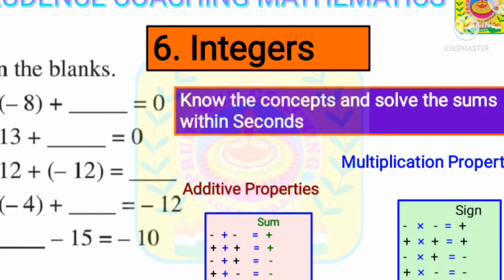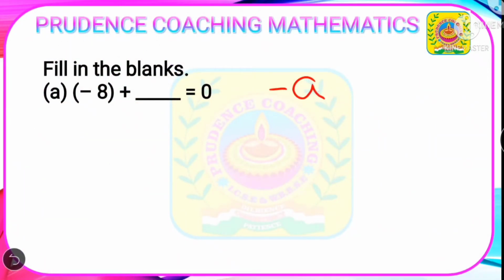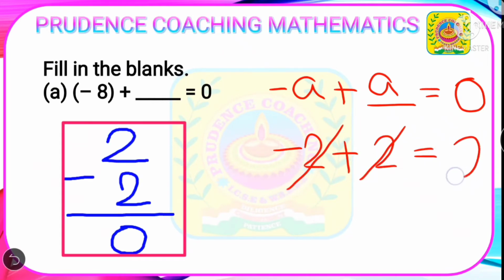Before that, you should remember, if you have a number, say for example minus A, then you need to add a number so that you will get a 0. How are you going to do it? You need to write here A. For example, if you are given minus 2, then you need to add 2, then only this minus 2 and plus 2 will get cancelled and you will get a 0.